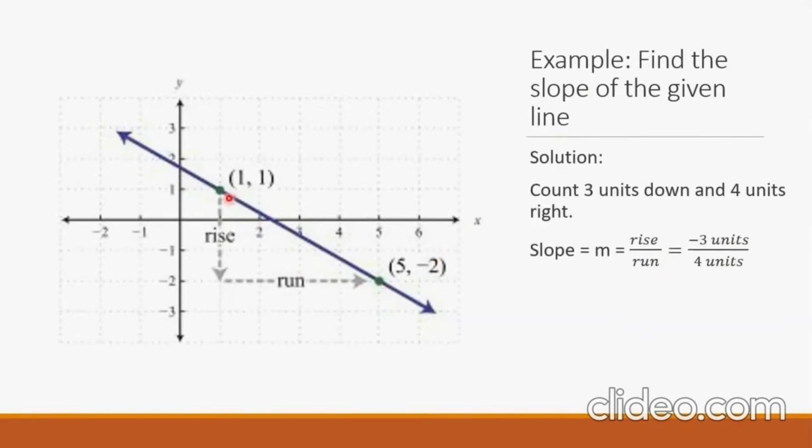From the point 1, 1, we are going to rise, but this is going down, so we put negative 3. We are going down 3 units and then 4 units going to the right till we reach the point 5, negative 2. So we have here the ratio, the negative 3 over 4. This is the slope.